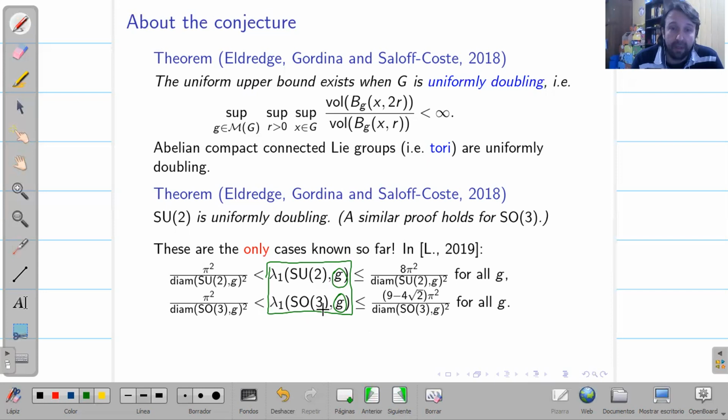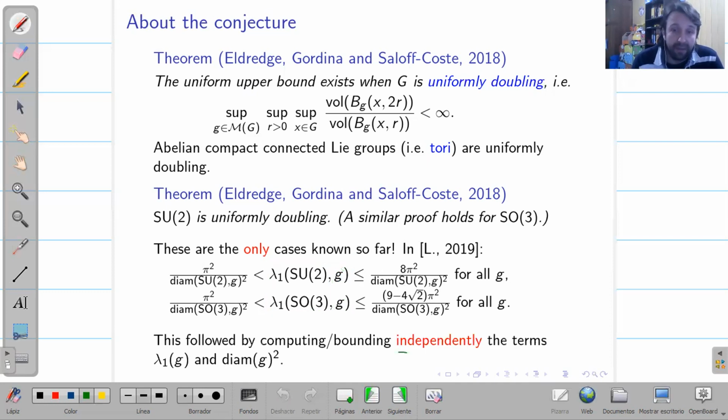I was also able to bound the diameter in terms of these eigenvalues, and these are independent estimates of both factors.